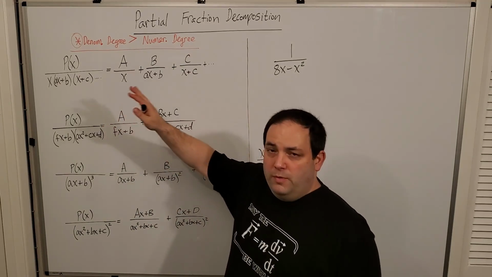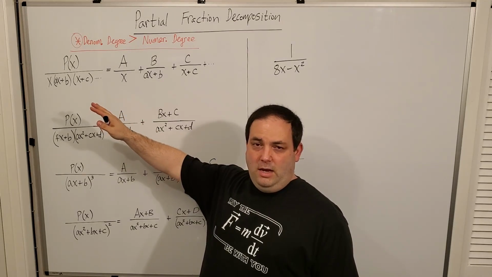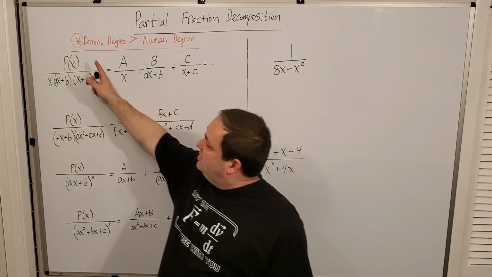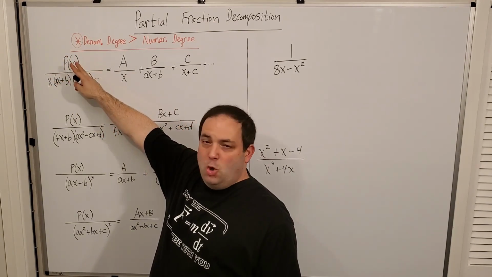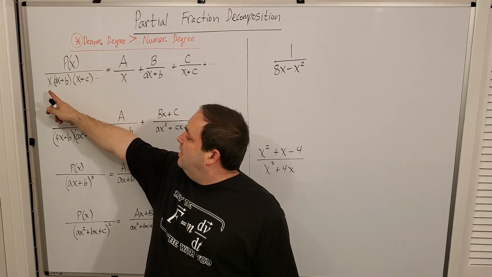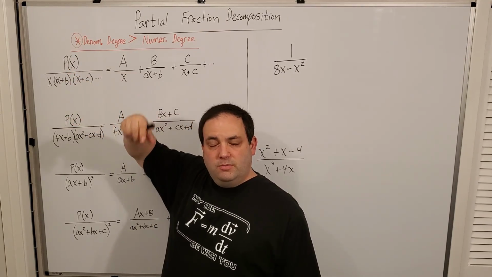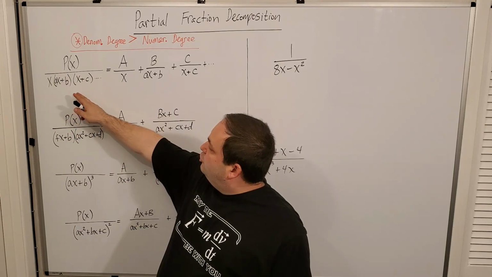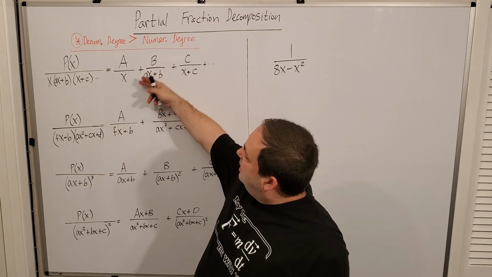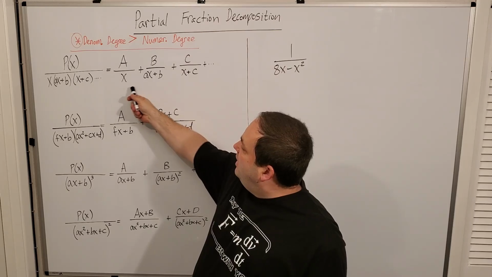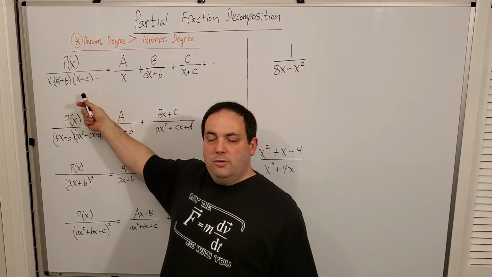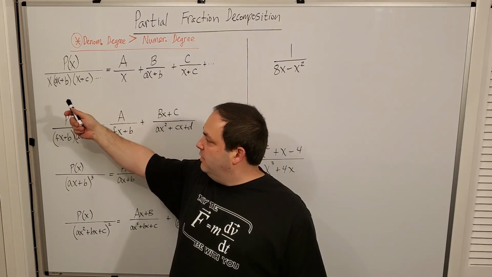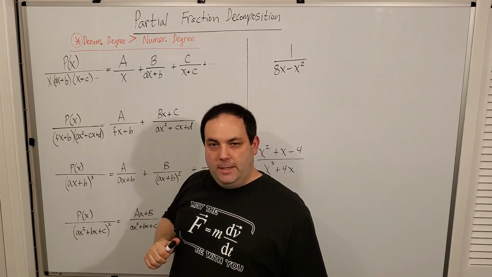So this is what partial fraction decomposition is. If I have some fraction where it's a polynomial of x on top, and then I've got some factors in the bottom that I can break up, then I can turn this into separate fractions that each have one of those factors as a denominator.